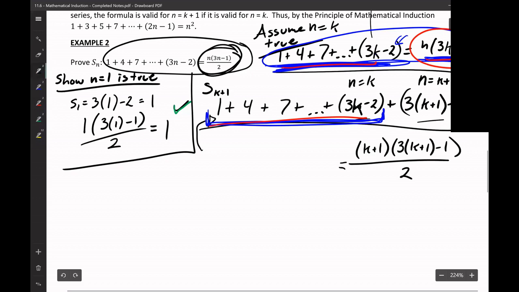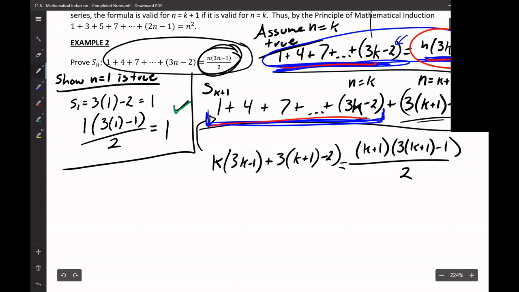So I end up with k times 3k minus 1 plus my expression right here. This is 3 times k plus 1 minus 2. Okay, I forgot the over 2 over here.